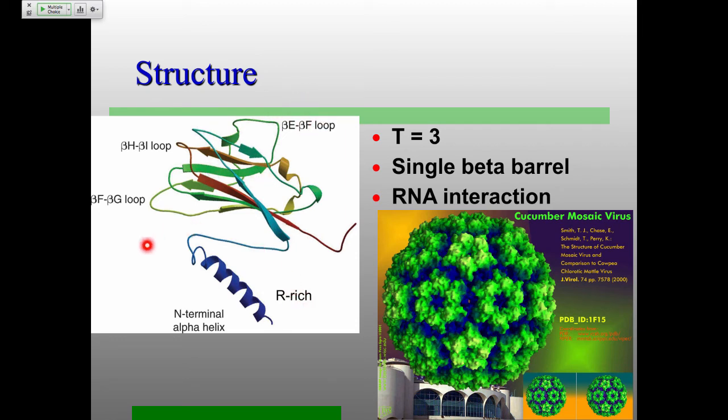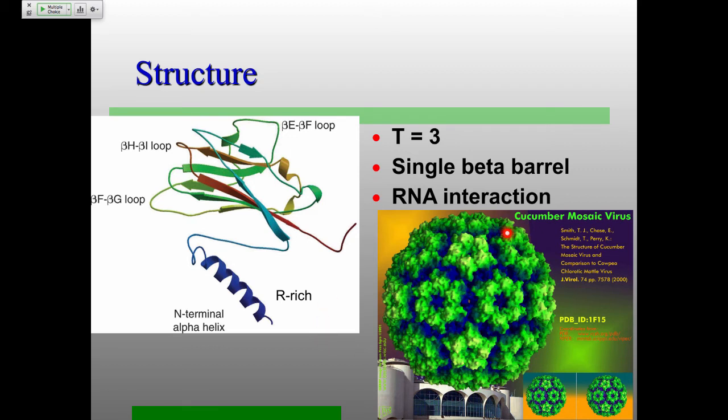And then most important, as far as these viruses are concerned, is this N-terminus here that's loaded with Rs. What does R stand for? Arginine. What's the charge of arginine? Positive. What does it interact with? Or, in this case, RNAs. So nucleic acids. So the nucleic acid interaction is all going on down here through this highly charged, highly positively charged helix.